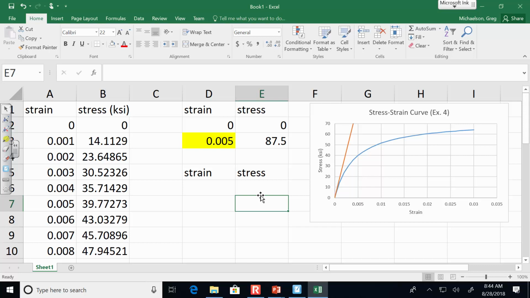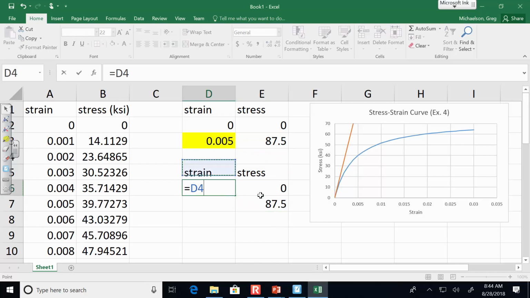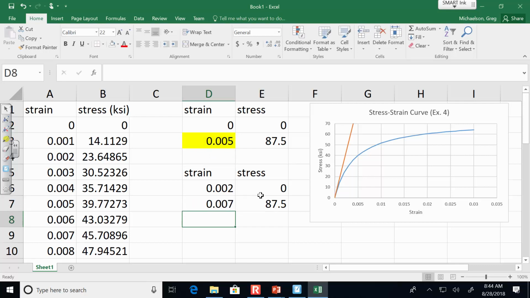So I'm going to keep my stress values the way they are, but I'm going to take my strain values and add 0.2%. See what I did? Now, let me graph that line.